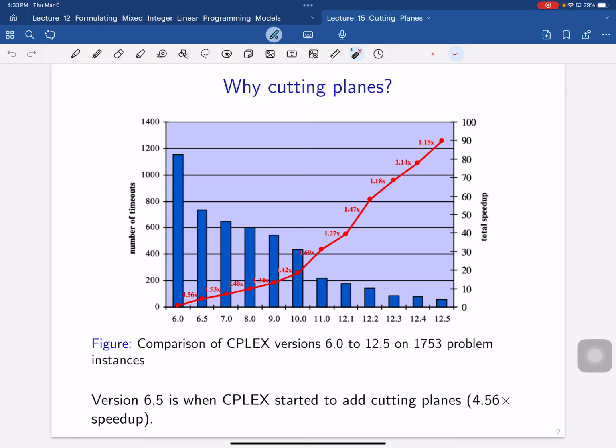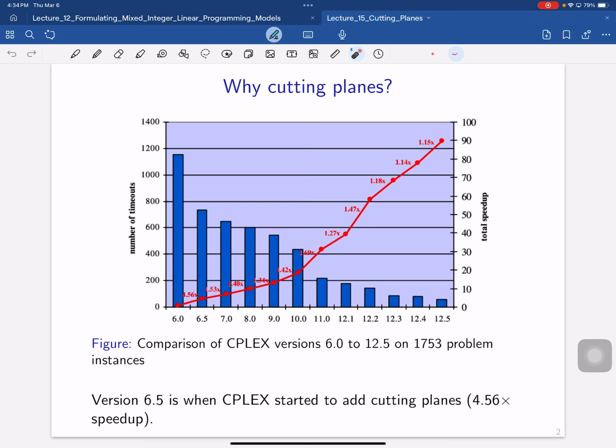This figure shows the speedup from one version of Cplex to another. This was version 6.0 of Cplex, and this was 12.5. Basically, they update the solver every year.